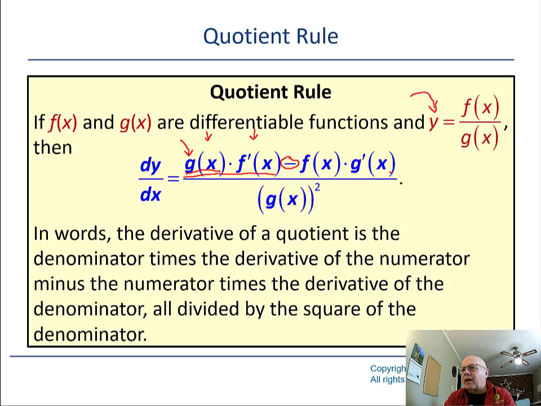And in the denominator, here's another unusual thing. We've got the denominator squared. So, on the top, you have to remember that g(x) comes first, the denominator itself. You have to remember there's a minus sign. The 2 halves of the numerator are similar to that with the product rule. And on the bottom, you have the square of the denominator.